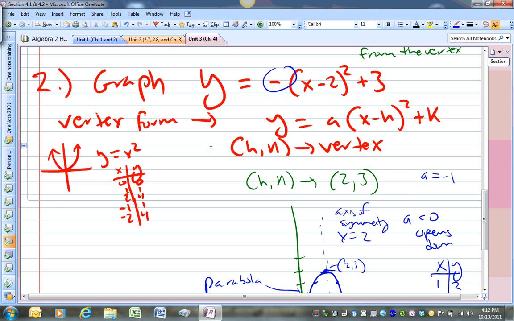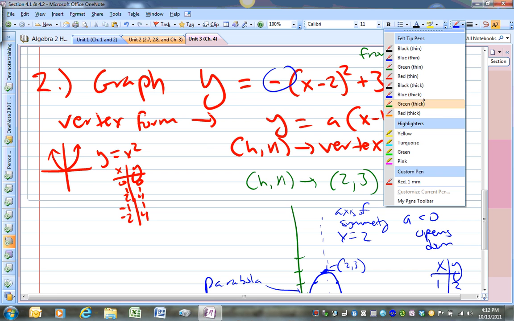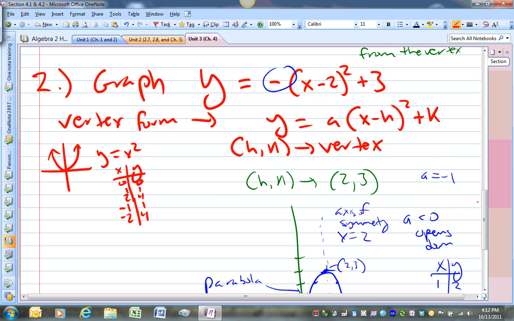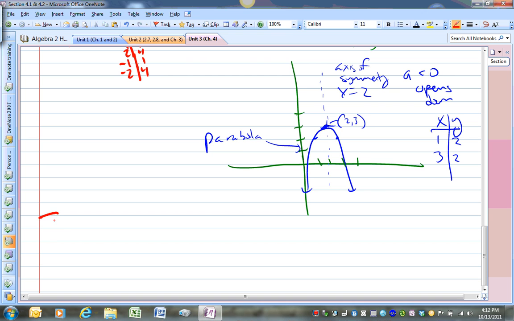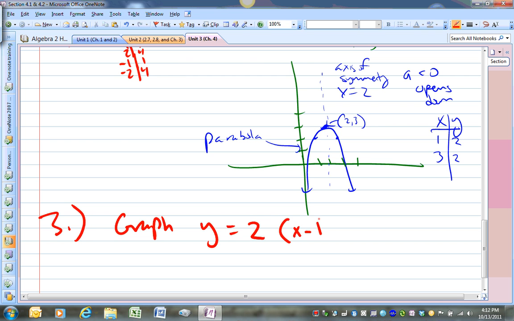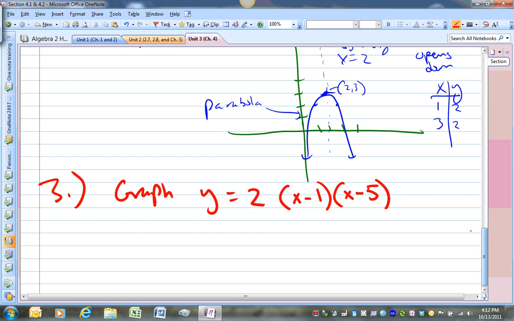The last example I'll do will be a graph that's in intercept form. So this one is called intercept form.